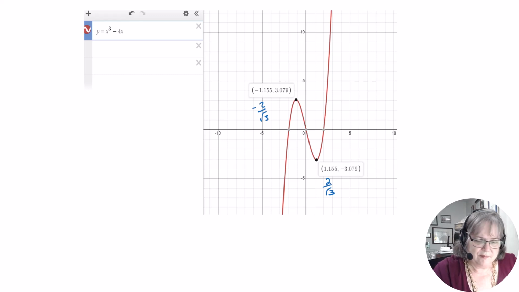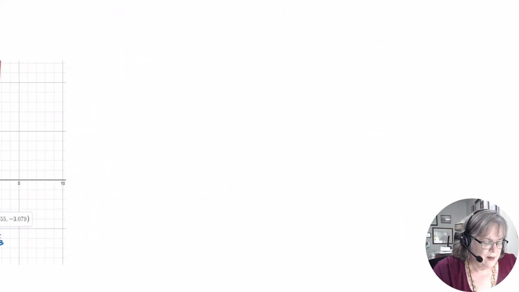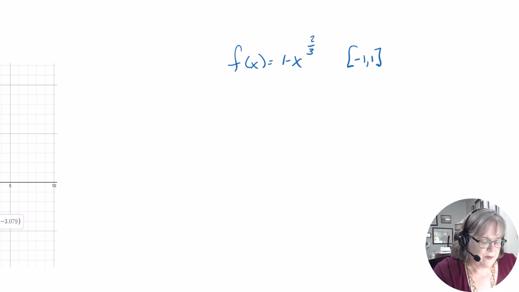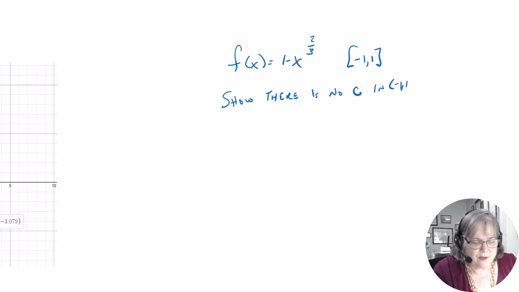All right. Now, it says suppose you have a function f of x is equal to 1 minus x to the 2/3. And I'm curious about the interval from minus 1 to 1. And let's say your teacher says, show there is no value for c in minus 1 to 1 where f prime of c is equal to 0.